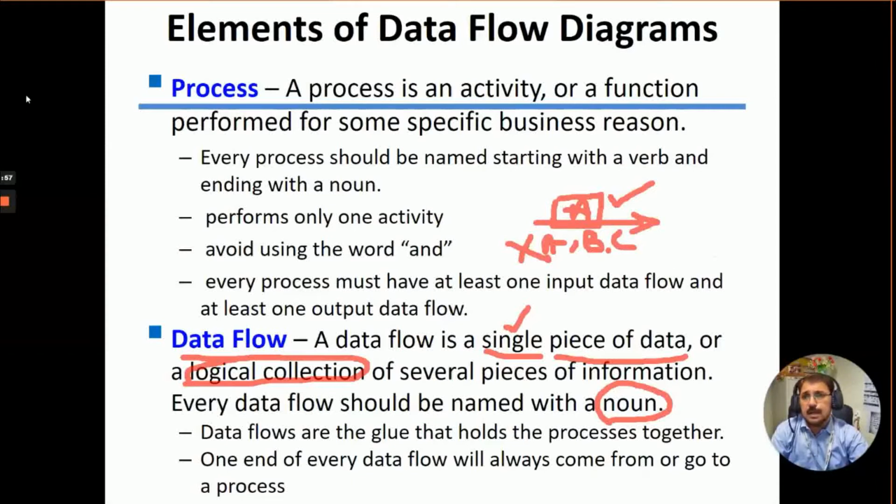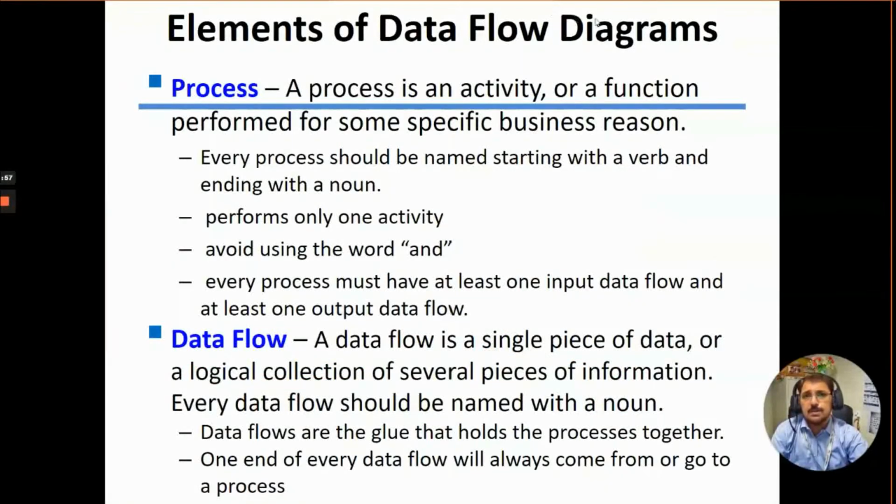For example, let me show you quickly. Later on I will show you the diagram also. Let's suppose this is the process that we show. Mostly we show a process like this. Here is the name of the process, and here is a brief description of the process.